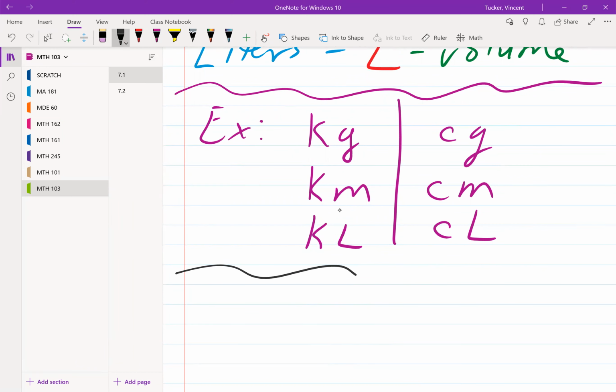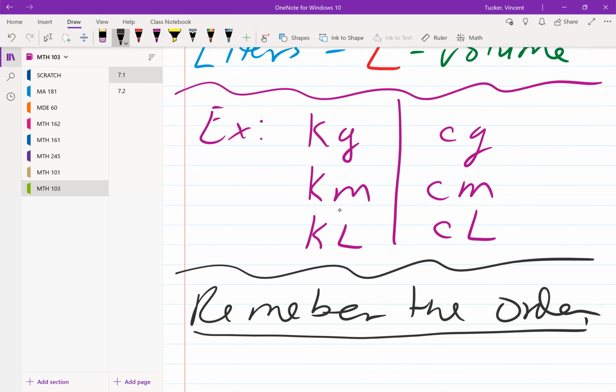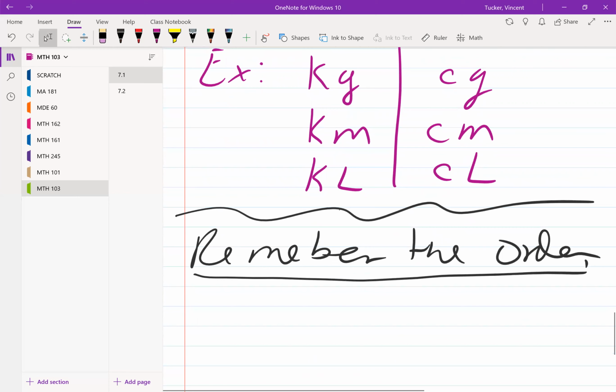All right. So you have to remember the order when it comes to using the metric system, because all you will be doing is moving the decimal to the right and left accordingly.